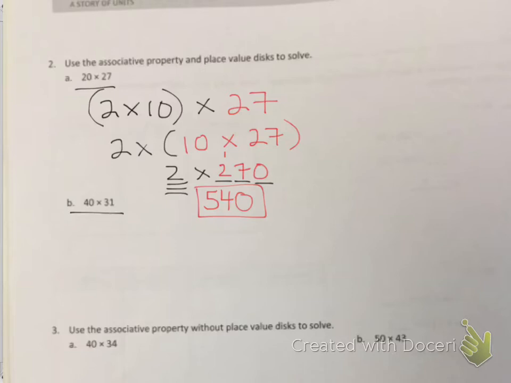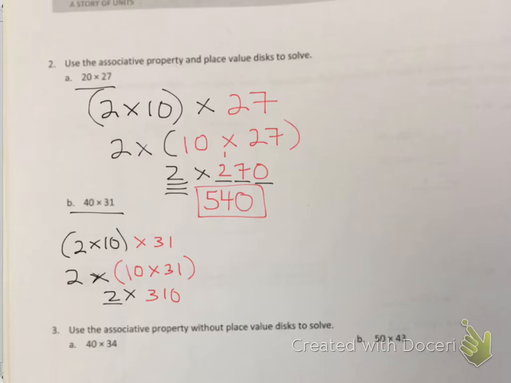So let's go with 40 times 31. I'm going to break up 40 into 2 times 10 times 31, just like I did before. And I am going to move that 10 over to 31. And I know 10 times 31 makes 310, times 2.